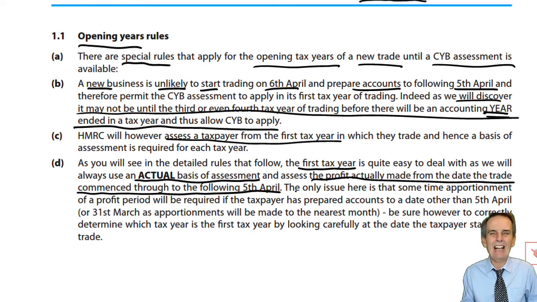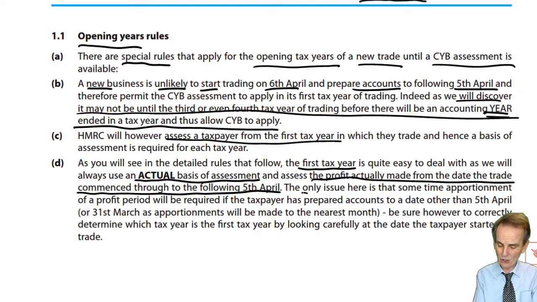Some messy little calculations are going to be required potentially here. But the basis of assessment is simple. It is actual. What profit was made from start date to the following 5th of April. But again, remember, we must be looking at that as a part of an accounting period, or all of the opening period and a part of the second period. We'll see that with practice in a few minutes' time.